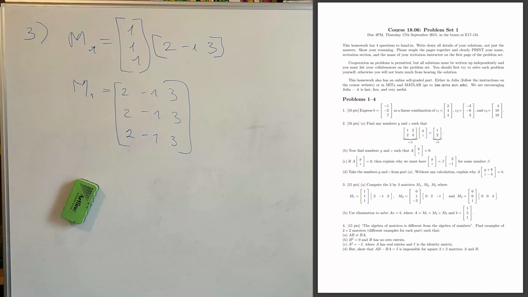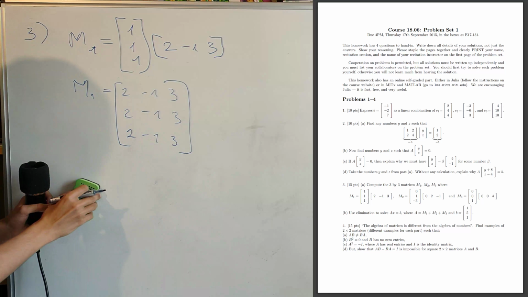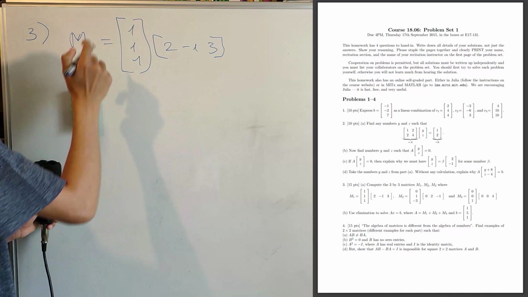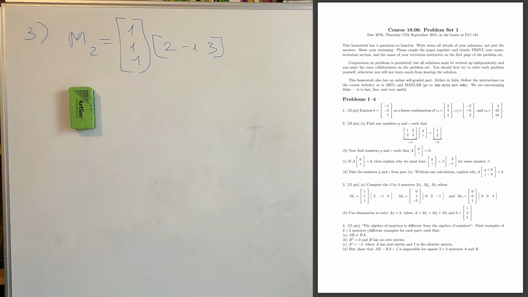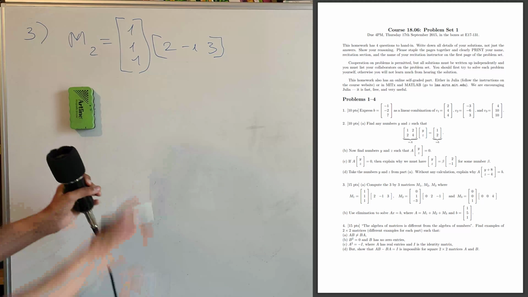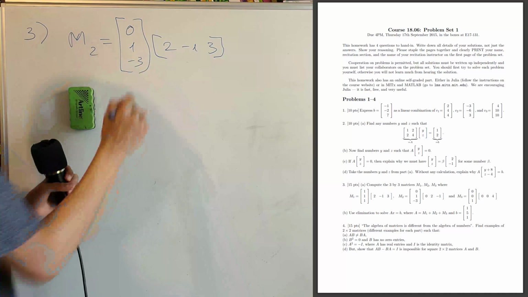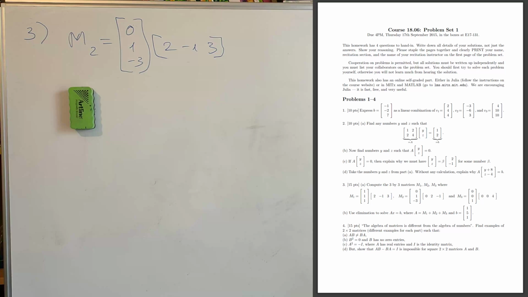Okay, M1. Then M2. I'm going to finish with the third question because I need to go. So M2 is 0, 1, minus 3, and after this 0, 2, minus 1.